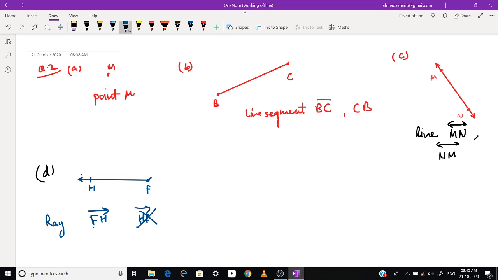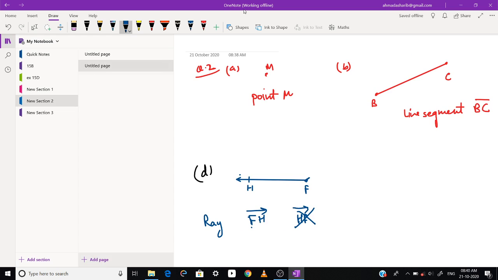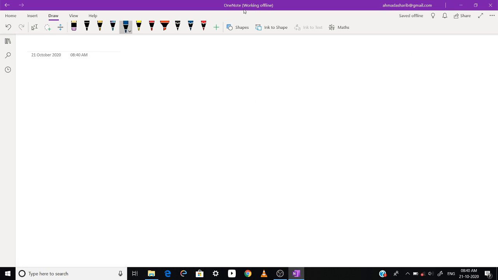Okay, part E and part F do your own, both of the parts you have to do. Okay, now question 3. What question 3 is saying, what kind of an angle is marked in each diagram below? So here is a scissor, and these are the two blades of the scissor. Okay, and the angle between these two blades, what kind of angle is this?